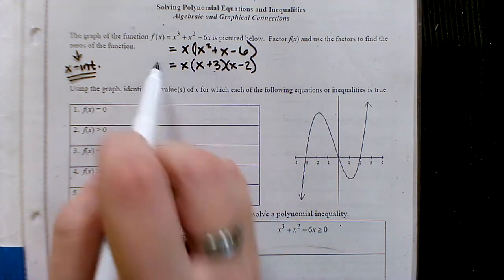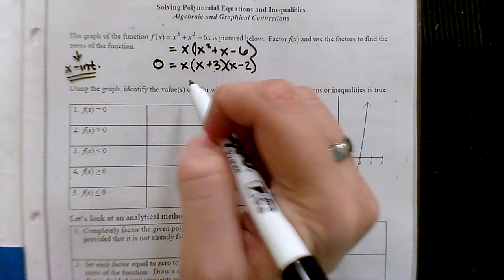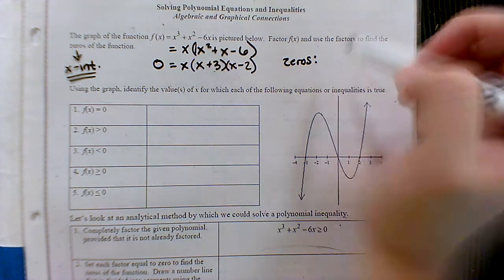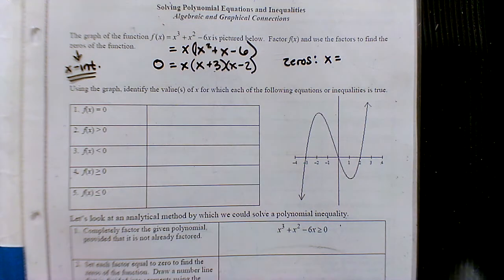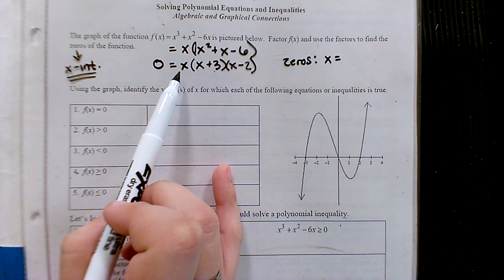All right, so if those are the factors that we have, let's set them equal to 0, and then we can figure out our x-intercepts, or in this case, the zeros, whatever word you want to use. Okay, so we have 3 x's showing up in the factors, which means we should have 3 solutions. What value or solution are we going to get from the first x?